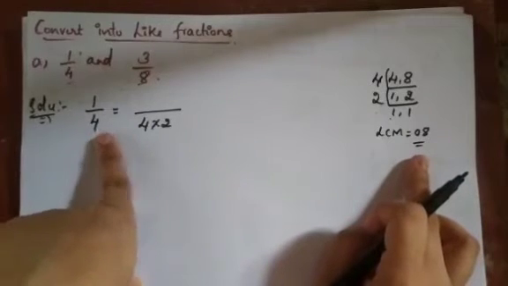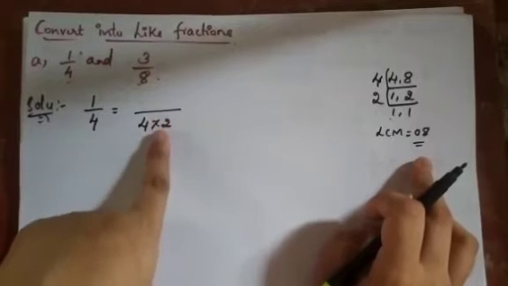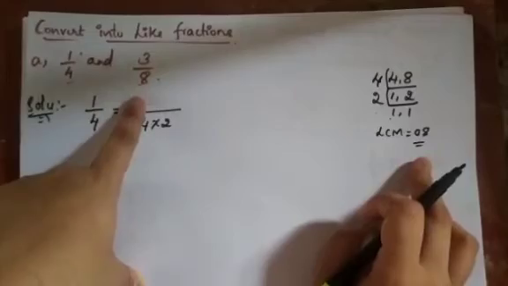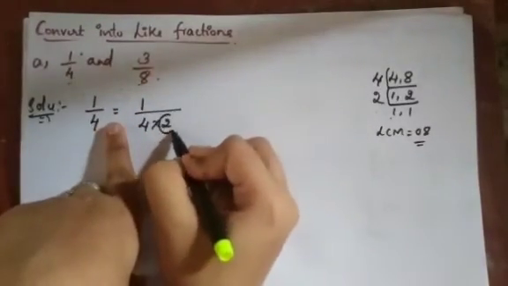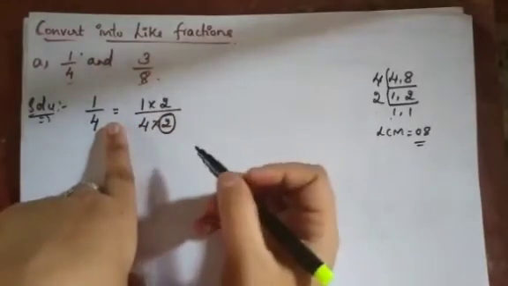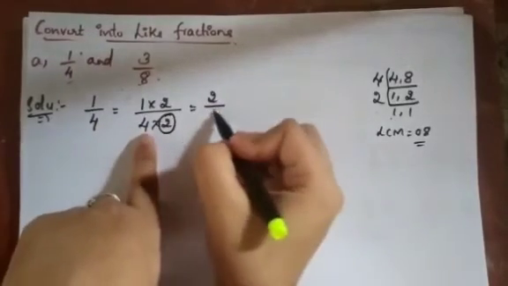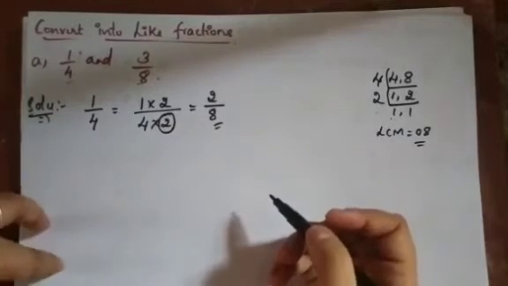So 4 multiplied by 2 gives 8. Whatever number you multiply in the denominator, the same number should be multiplied in the numerator also. Here the numerator is 1, so I multiply it by 2. 1 into 2 becomes 2 divided by 4 into 2, which is 8. So with LCM 8, it is 2 divided by 8.